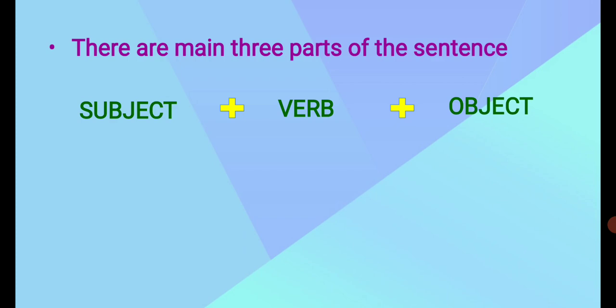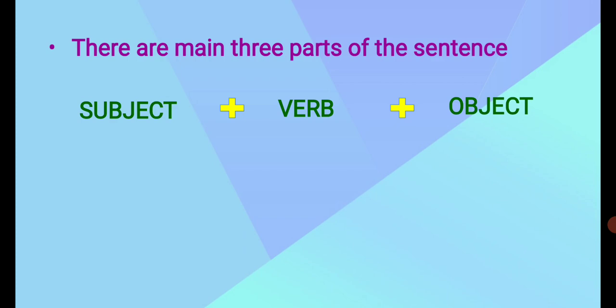Verb is an action word. There are 3-4 kinds of verbs: helping verb, action verb, auxiliary verbs. Whatever the action is in the sentence, it is included in the verb. And what is the object? The rest of the sentence is the object part of the sentence.